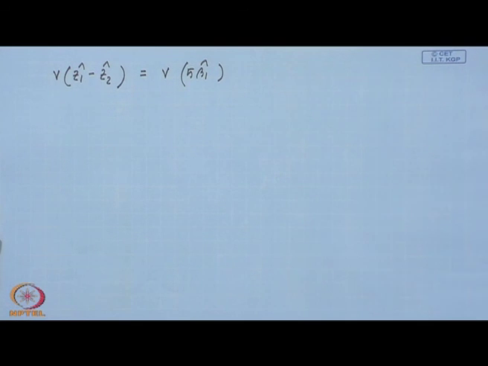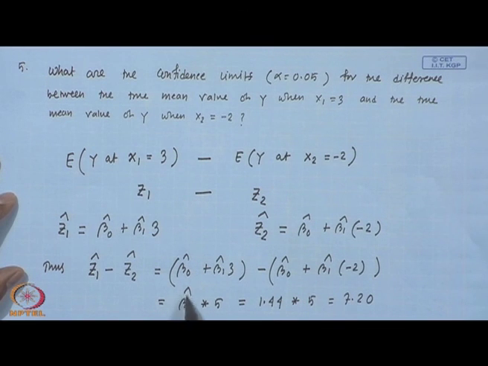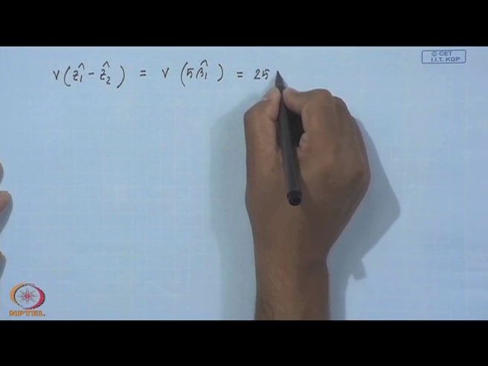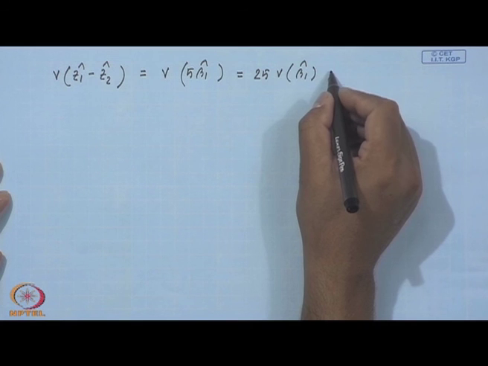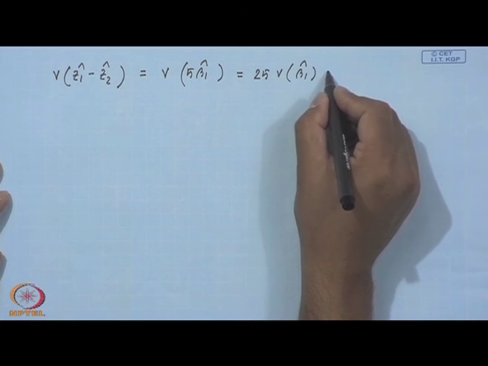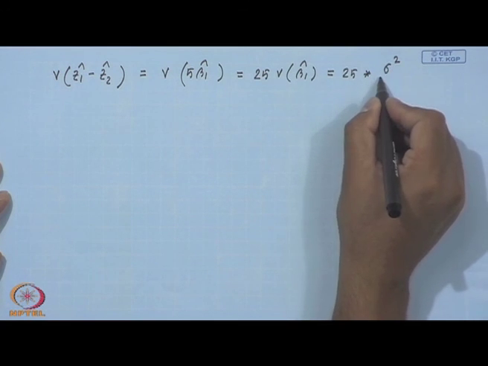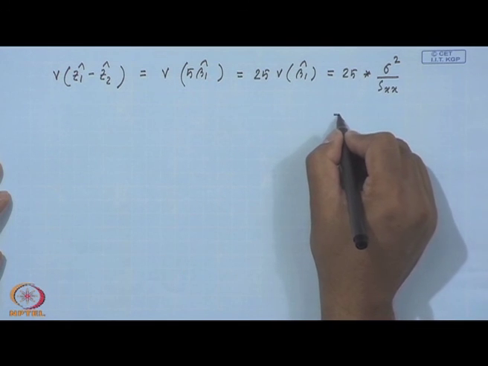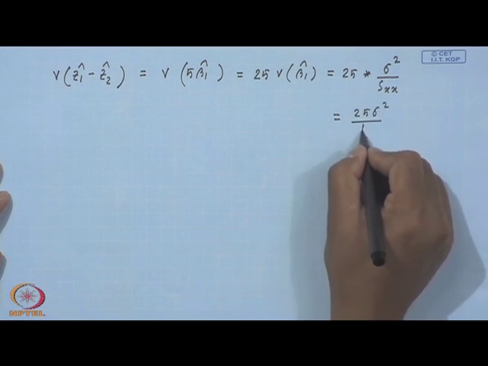So, this one is nothing but 25 into variance of beta 1 hat, and this is equal to 25 into sigma square by S xx, which is equal to 25 sigma square by 110.